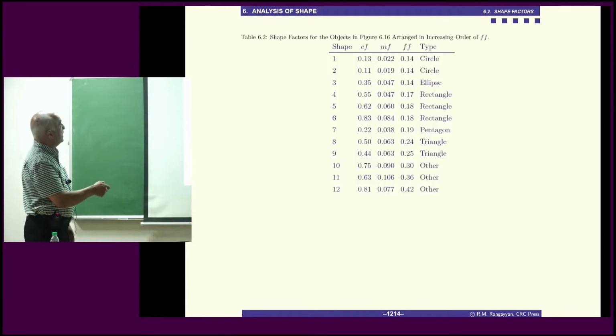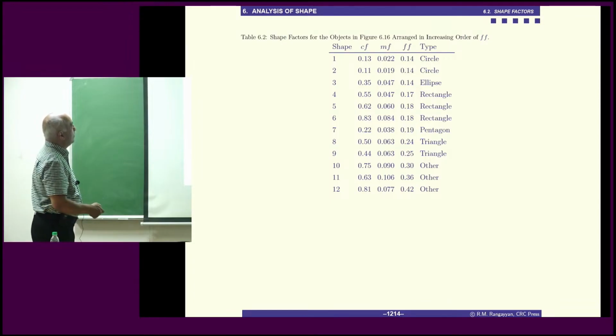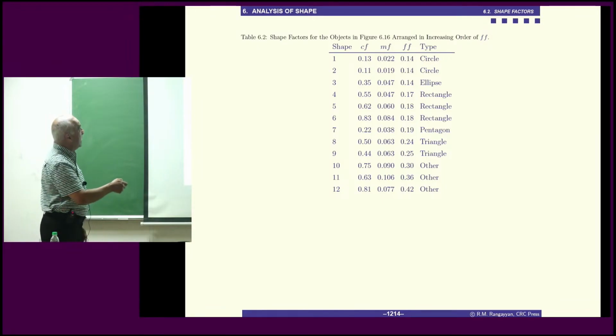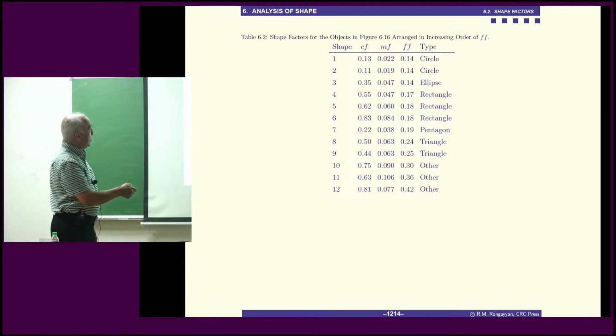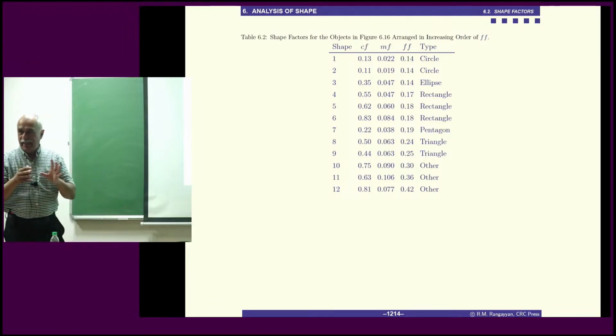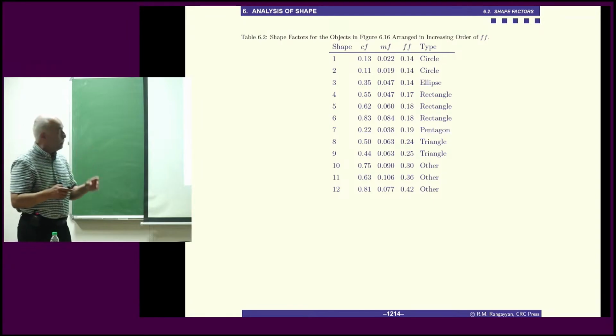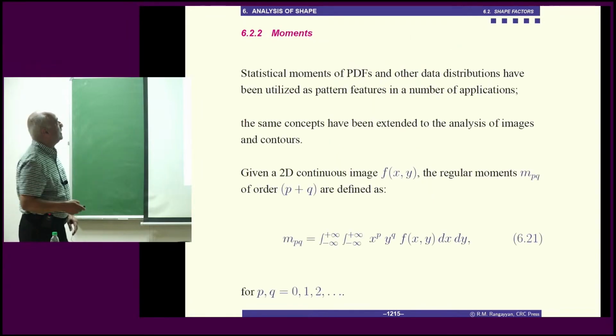And for these, compactness is going that way, but not exactly in the way he ordered. Number 7 is 0.22, it's going back. That sequence doesn't agree with this sequence. Depending on which shape factor you compute, that ordering may vary. So which one do you want to choose is a question. You may put all of them together.